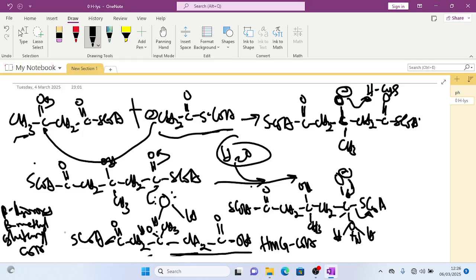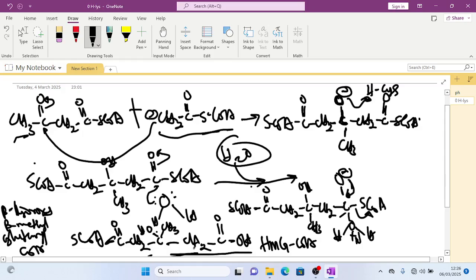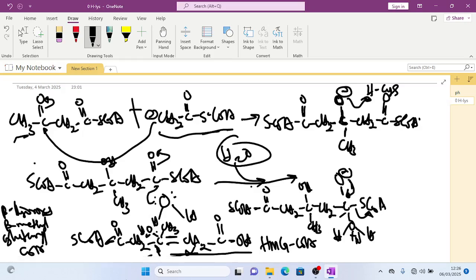And why is it called this? If you look, this is the alpha carbon, this is the beta carbon. In the beta carbon, you have a hydroxyl group, and also you have a methyl group.